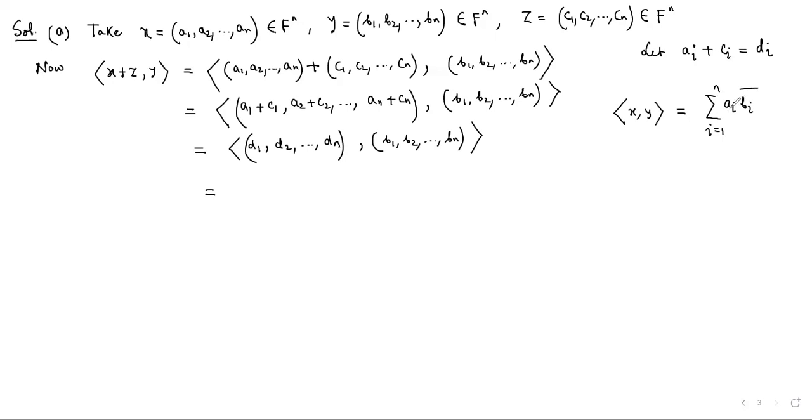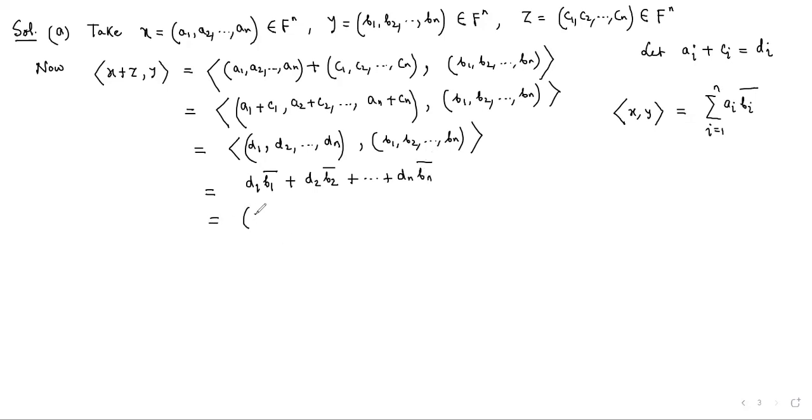The first component is taken and the second component's complex conjugate is taken. So we write d1 b1 bar plus d2 b2 bar plus dot dot dot plus dn bn bar.